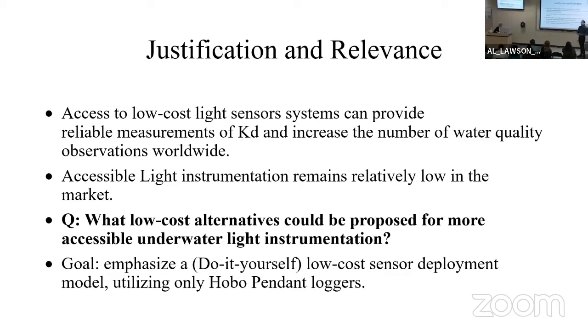So then we must ask ourselves, what low-cost alternatives could be proposed for more accessible underwater light instrumentation? So with that said, our goal is to emphasize a do-it-yourself low-cost sensor deployment model utilizing only Cobo pendant loggers, those which are more low cost compared to higher-end sensors.